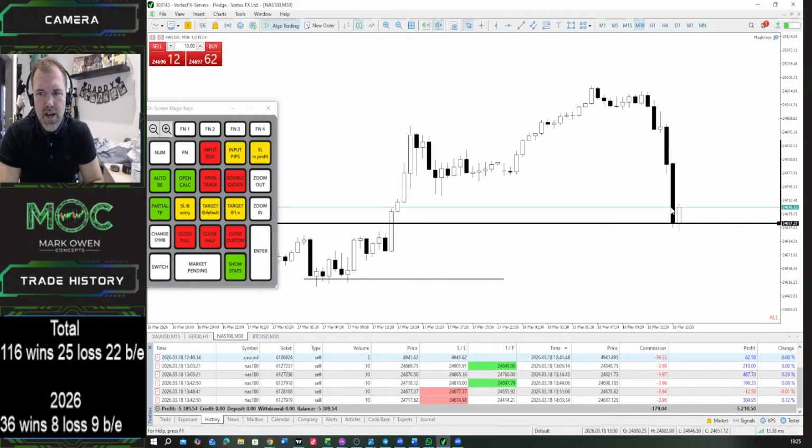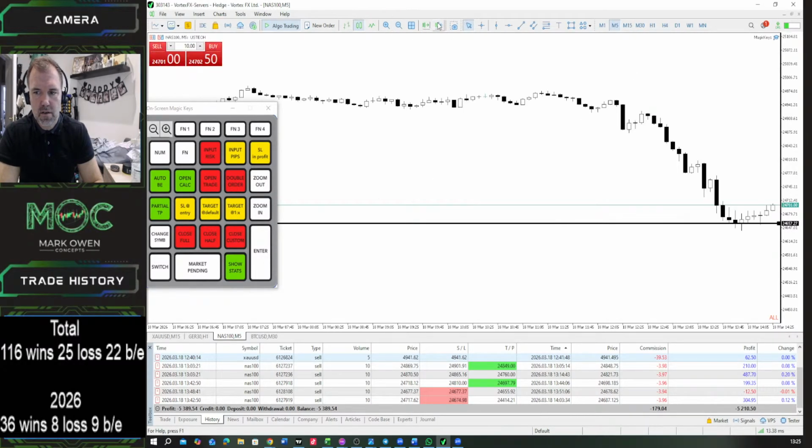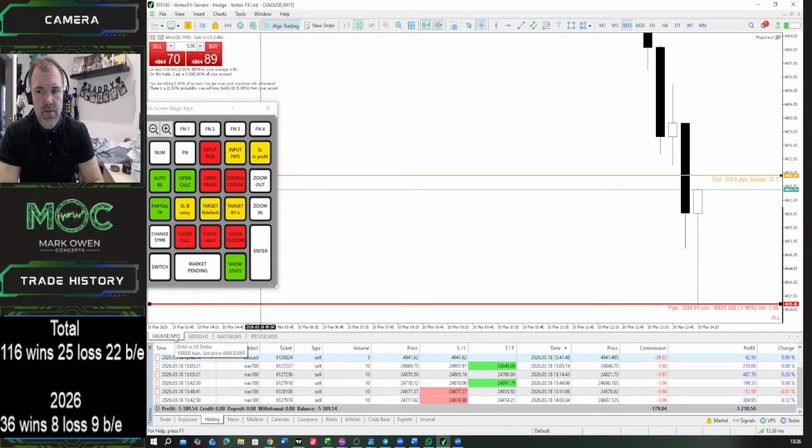There's no structure, and this candle is still live. So this 30-minute candle, we've got 5 minutes left, could in theory still close bearish. If it closes bullish, then if we have a wick down, we can look to buy the high. I think my preference will lie with gold.